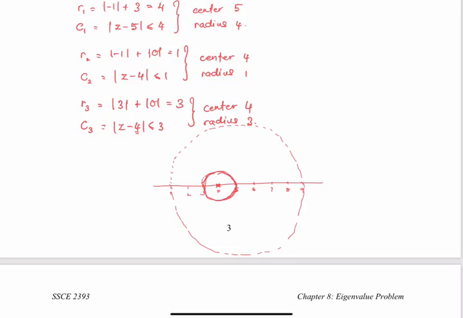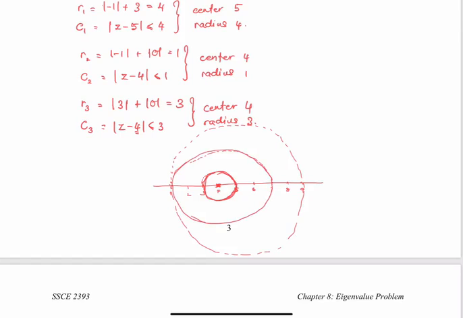And then for the third row, we have radius 3 and our center also at 4. And then we have up to here, center at 4. Like this. And at the bottom we have like this.